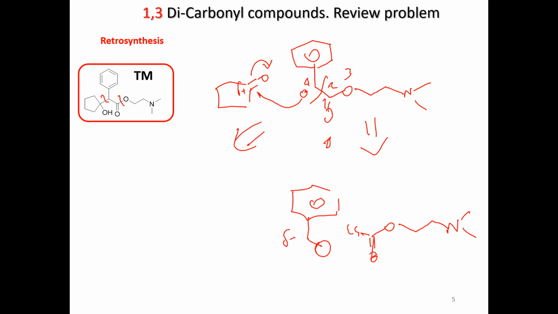So there is another option, of course. If it's not 2, 4, it's 2, 3. If it's 2, here, either you put the positive here and then negative there, or the other way around.